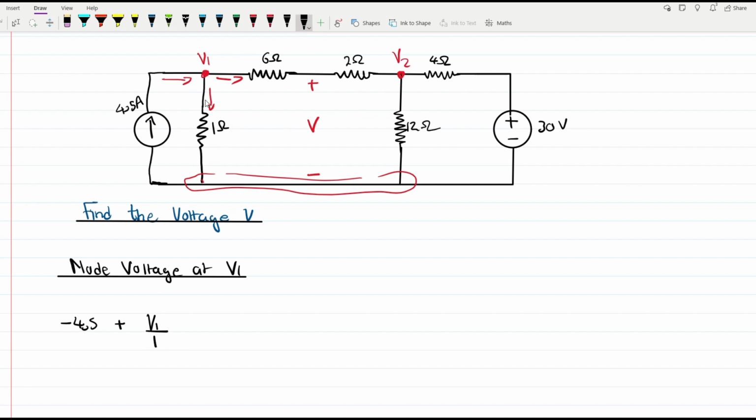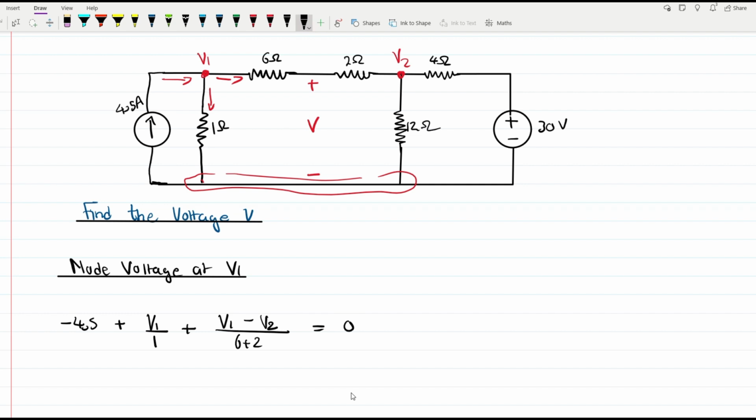The current that goes through here is V1 divided by that resistor. And then the other current that's going out, so we have plus V1 minus V2 divided by the sum of those resistors in between. So we have 6 plus 2. And then we set all of that equal to 0.